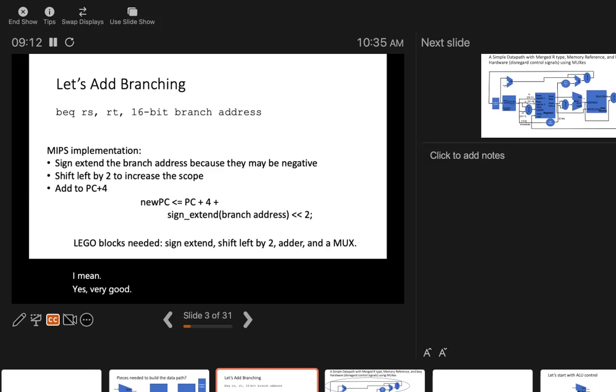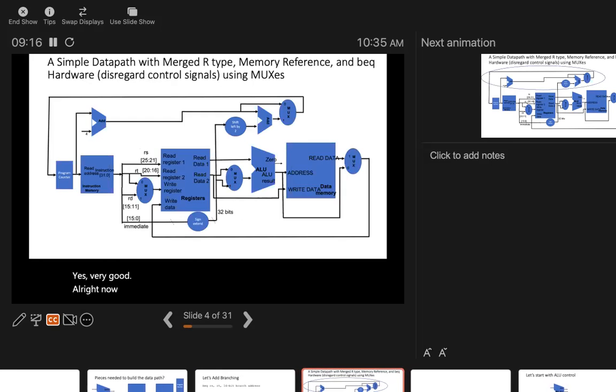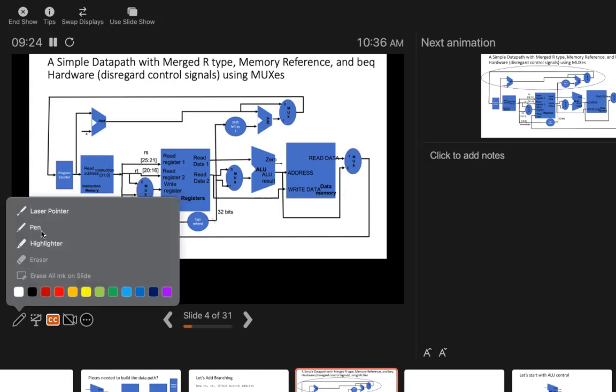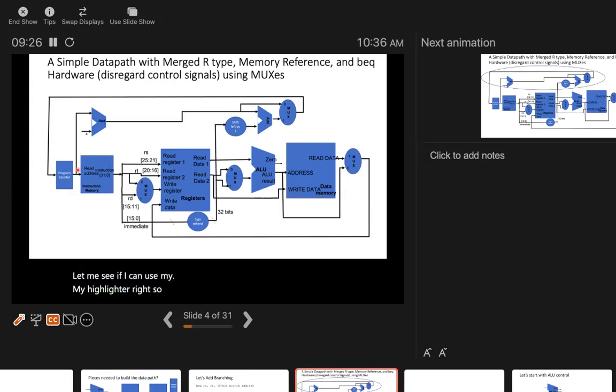Doing well? All right. Now let's quickly see the hardware for this. So first, this is your PC, and it's added to 4. Out comes PC plus 4.